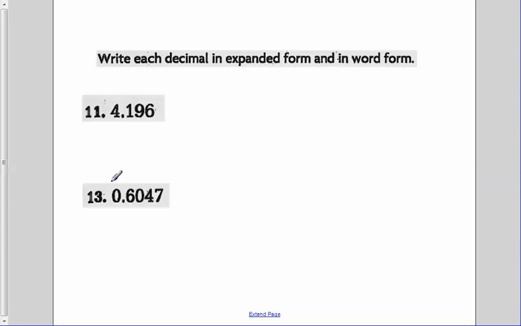So for 11 and 13, we're going to write each decimal in expanded form and in word form. So for 11, I have to break up each place value to write it in expanded form. So I've got 4 plus, and then I've got my 1. Well, that 1 is in my tenths place, so that would be 0.1. And then I've got my 9, and that's in my hundredths place, so I've got 0.09, 0 and 9 hundredths, plus my 6.